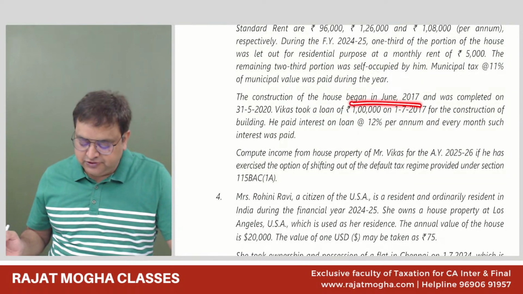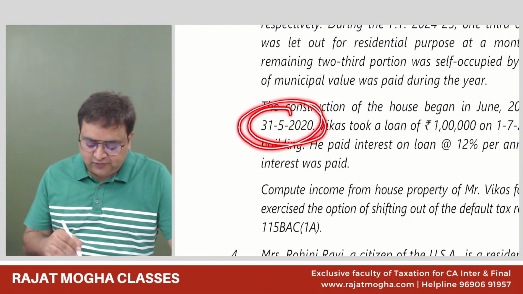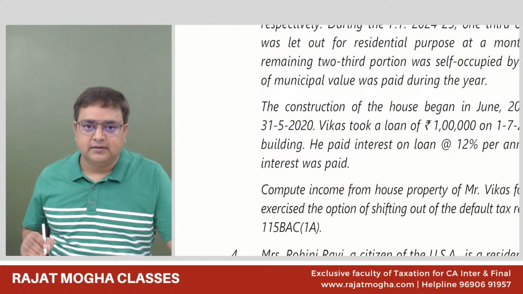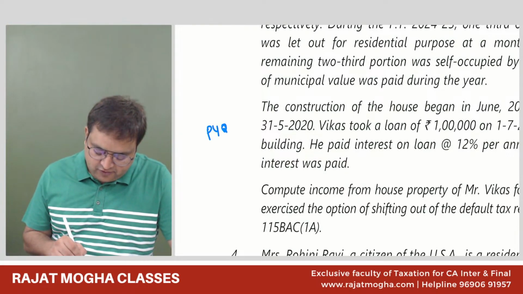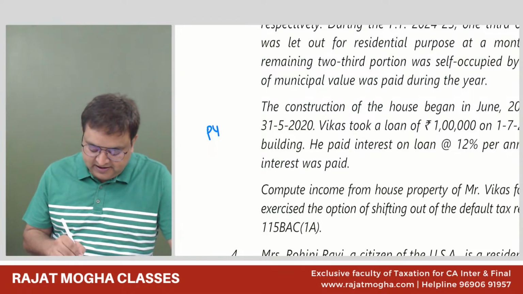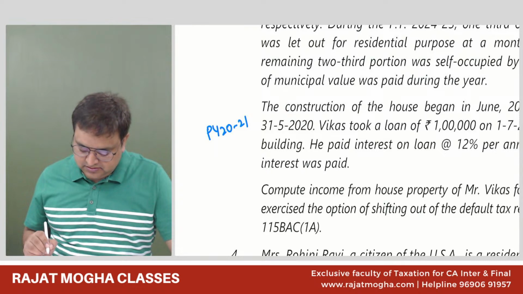Please tell me in which previous year the house was completed. 2021. Year 2020, 2021. This is previous year 2021, almost the same previous year which we have done in the earlier question also.